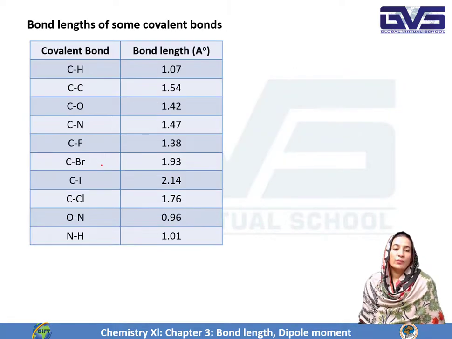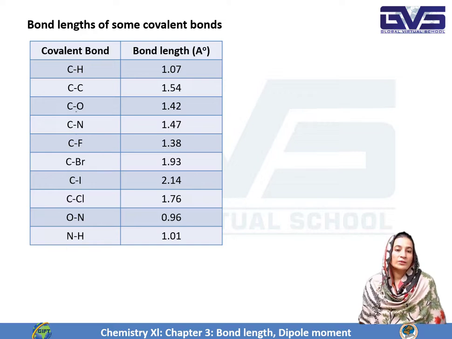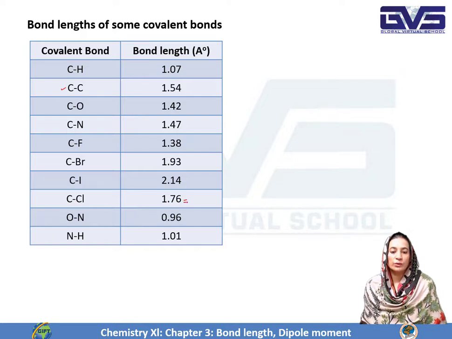Now come to the bond lengths of some covalent bonds. These are covalent bonds between different atoms, unlike the similar atoms before, and their bond lengths are given in angstrom. For example, the carbon-chlorine bond length is 1.76, and it should be equal to the covalent radius of carbon plus the covalent radius of chlorine.